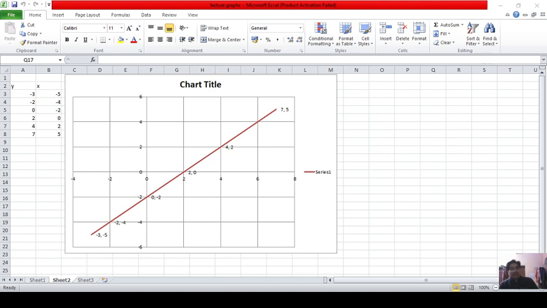So before drawing any graph, we have to find the coordinates, the points. What we call points are the coordinates. Coordinates are the values of x and y. So let us take the value of x, and in this way we will categorize.